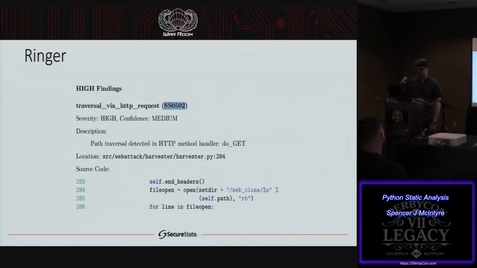Okay, so for the first of the ringers, this is a popular Python project. Somebody had mentioned scanning SET, so this is actually one of my favorite ones. This is an excerpt from the report, and we can see that this is severity high. We have that SS highlighted right there because I was specifically looking for the findings that I had added, and in this case it's complaining that that open call down there is able to be tainted.